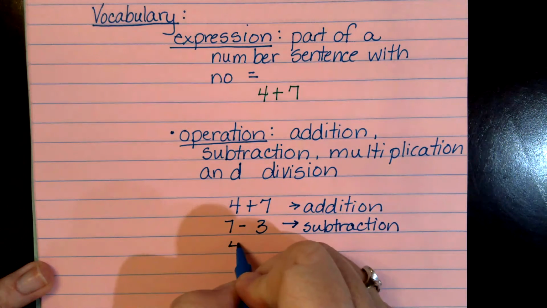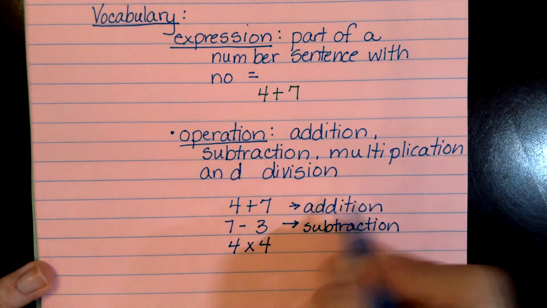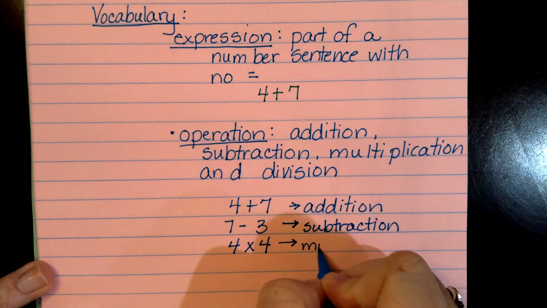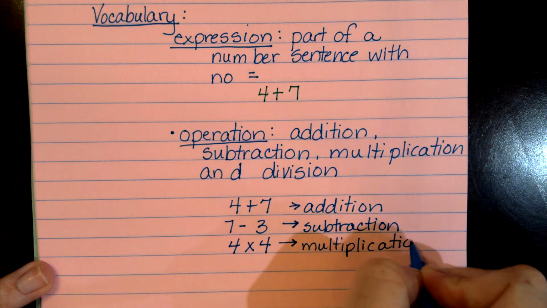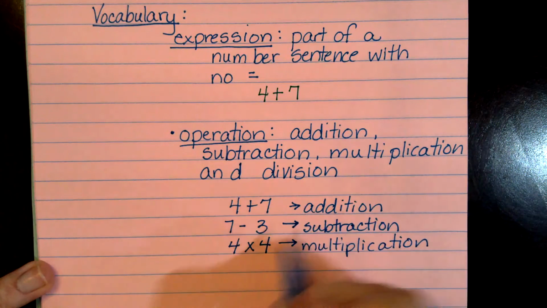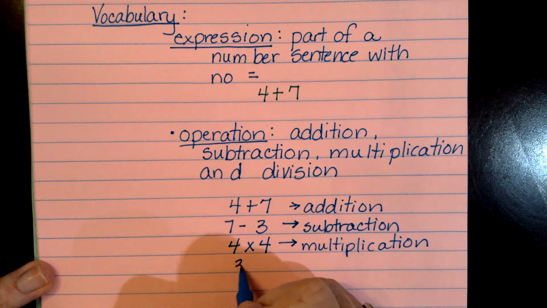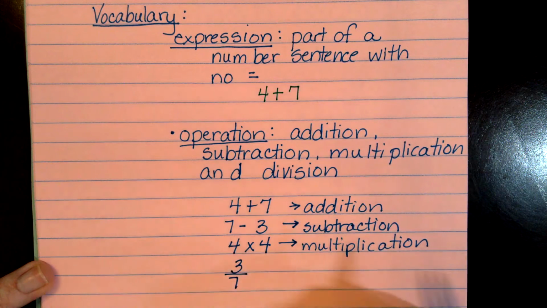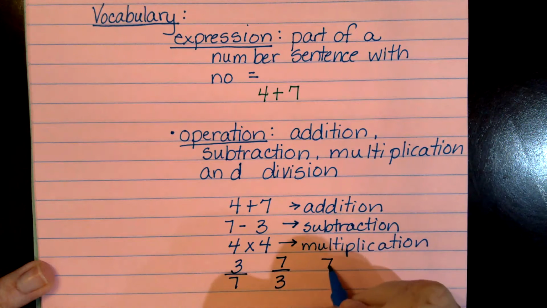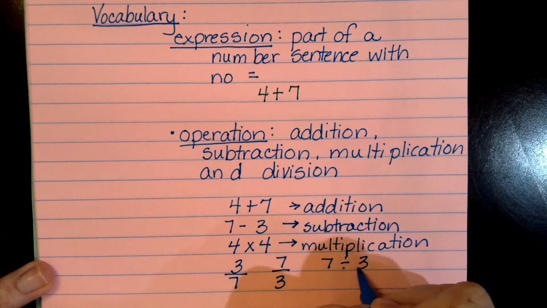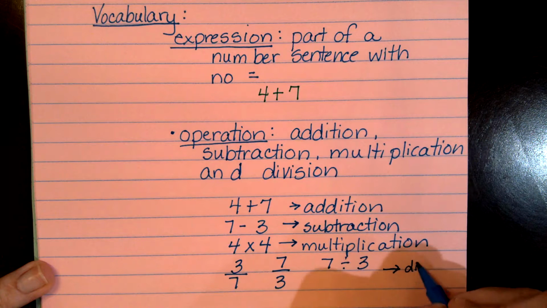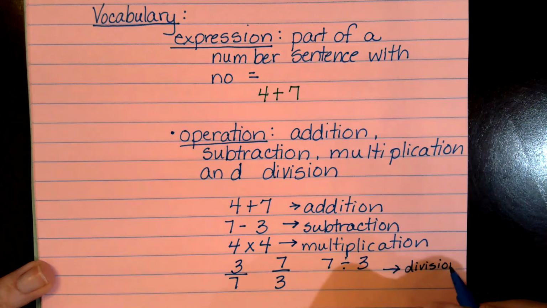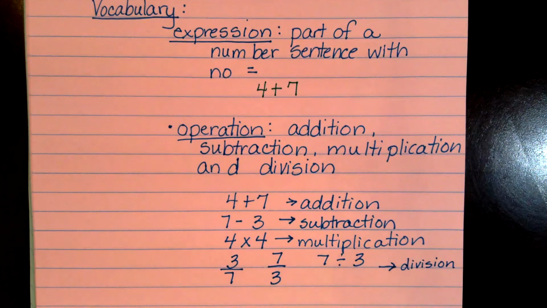And if we did 4 times 4, multiplication would be our operation. And in a fraction like 3 over 7, or 7 over 3, or 7 divided by 3, division is the operation.